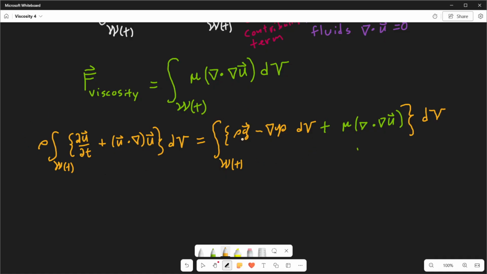Okay, so that is basically an integral form of the Navier Stokes equation once I get rid of that one extra V that doesn't belong in there.